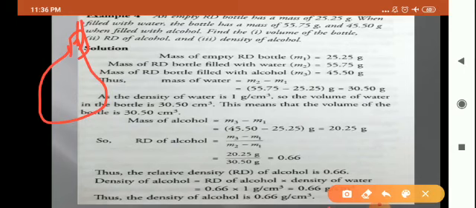Whatever will be the capacity of this RD bottle, the same amount of the liquid will be there. Do you agree or not? Yes. Because the RD bottle has a fixed capacity.